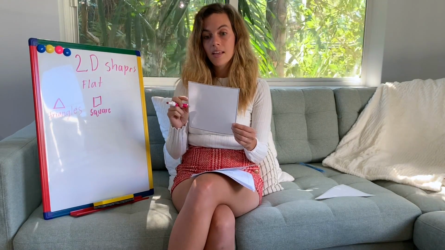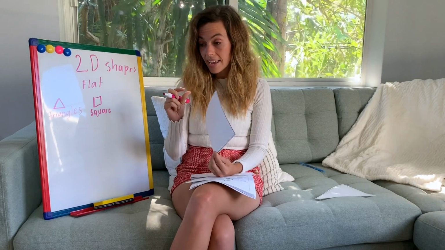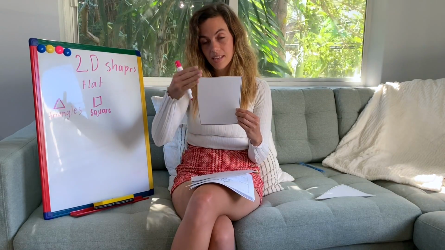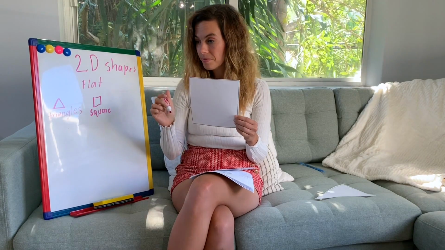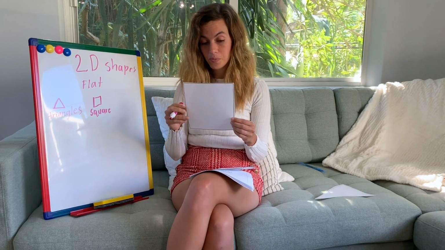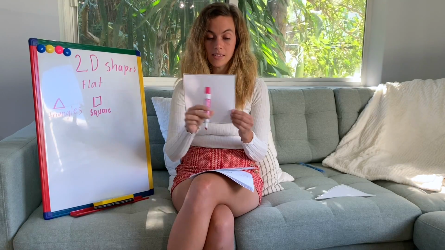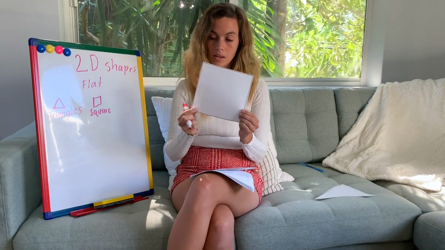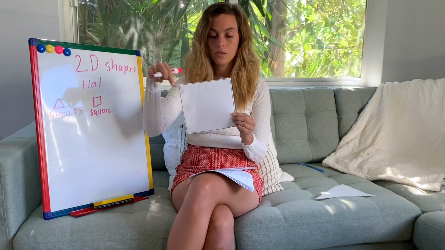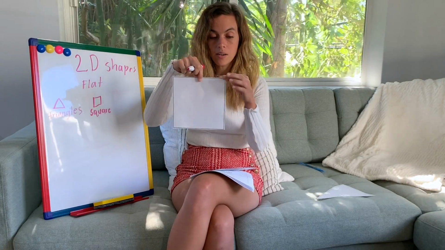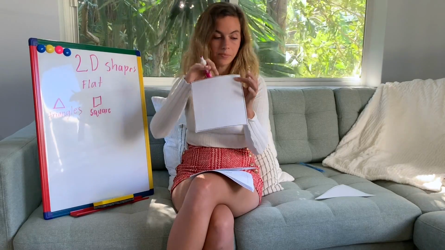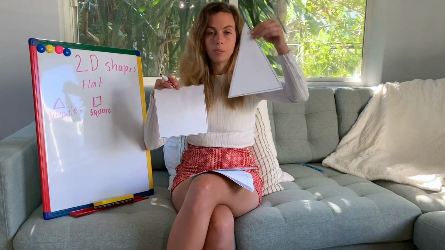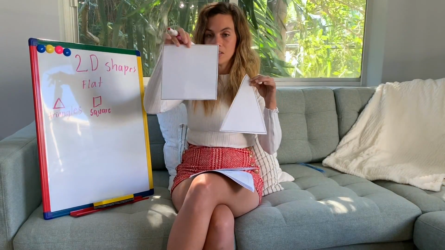Yeah, so if you have an actual die, only one side, but the sides are going to be squares. Good. A coaster. Good. So we know that this is a square and it has 1, 2, 3, 4 sides and 1, 2, 3, 4 vertices. So far we've learned about triangles and squares.